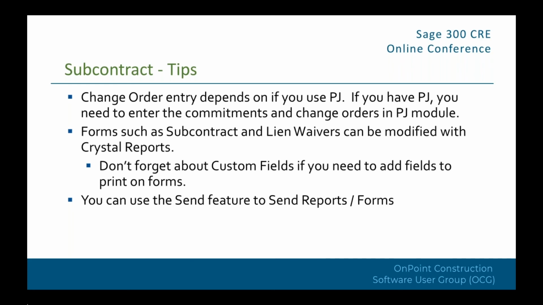Forms such as the subcontract and lien waivers can be modified with Crystal reports, because I know Texas has its specific verbiage, and there are certain things it has to state in order to be a valid lien waiver. So you can change those with Crystal reports.